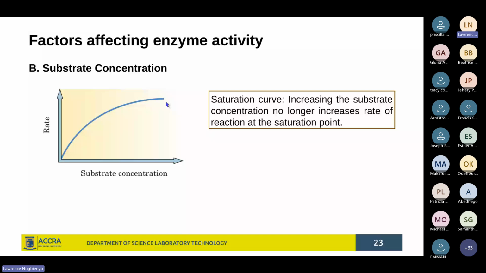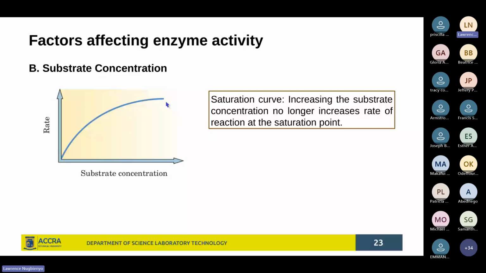So if you are adding more substrate molecules into a reaction system, and it comes to a point where the substrate is now more than the amount of enzyme that you have in there, it means no matter how much substrate you are pouring in, you don't have enzyme molecules available to react with those substrate molecules. And so you see that there will be that saturation of the system.